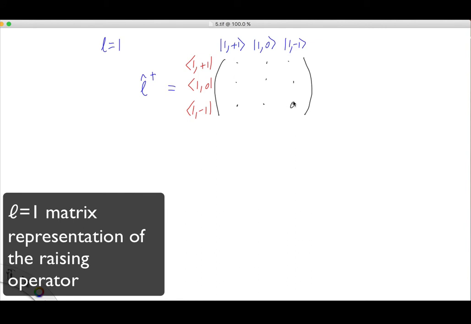So if, for example, we take this element here in the bottom right corner, here we use the bra state 1, -1, we have the operator L plus, and the ket state, which in this case is also 1, -1. And I can run through the arguments where I apply the operator to the ket first.